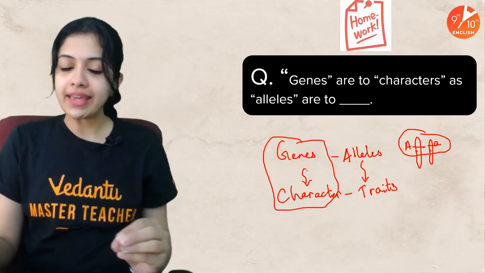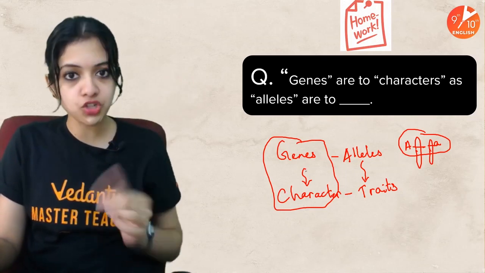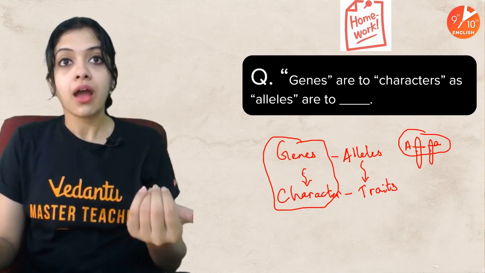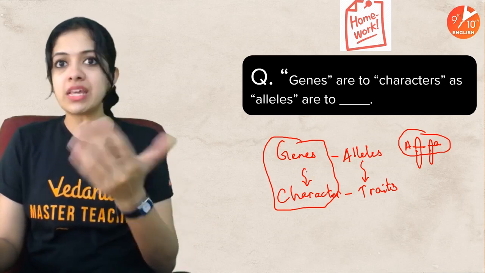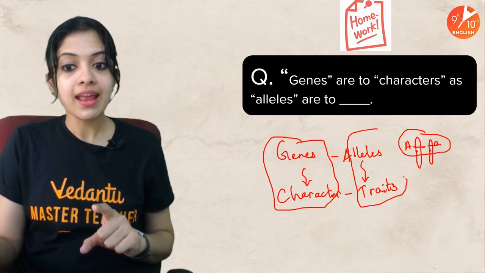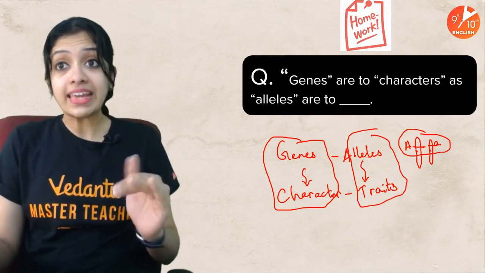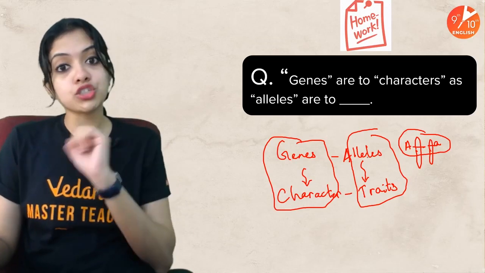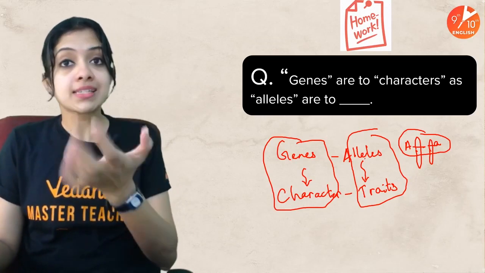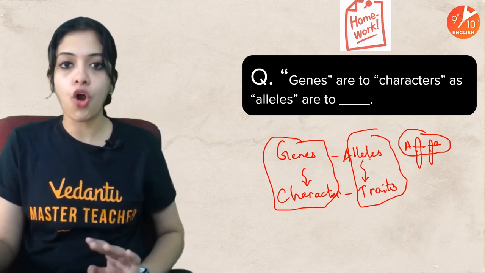The gene for eye color, the gene for height, the gene for skin complexion or skin color, the gene for hair texture, the gene for hair color. But when I say allele, I would say the allele for blue eye color, the allele for brown eye color, the allele for tallness, the allele for shortness, the allele for dark skin complexion, the allele for fair skin complexion, and so on.